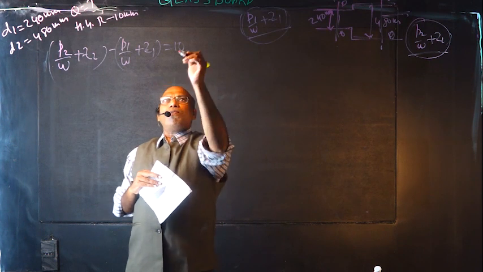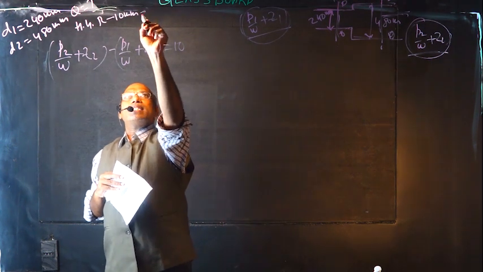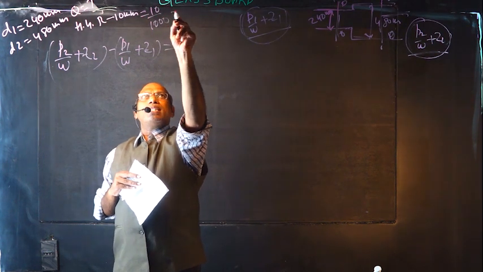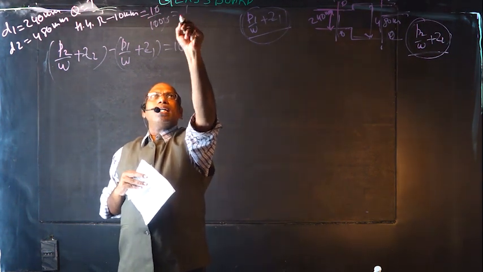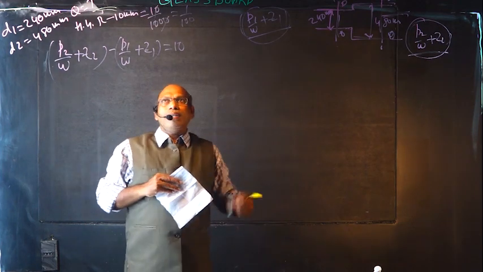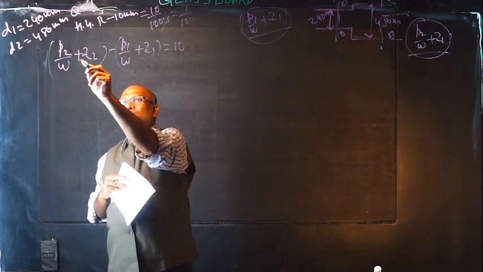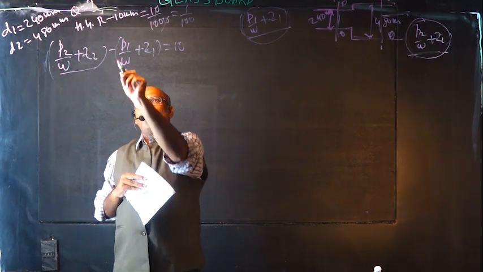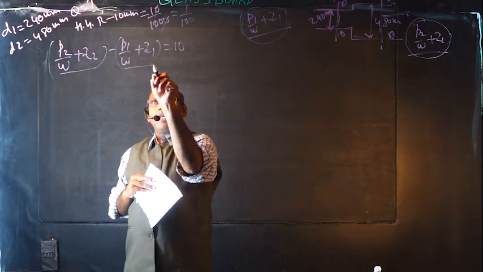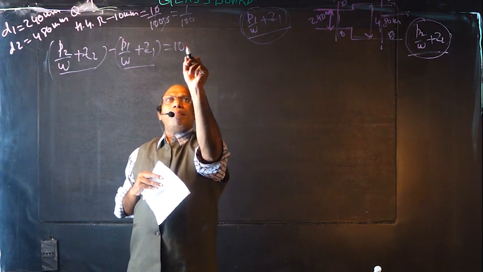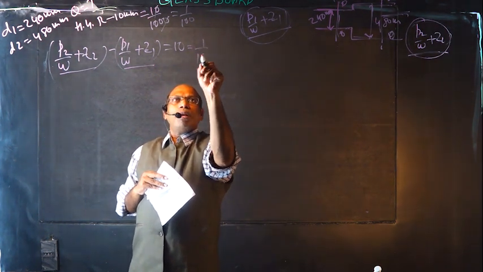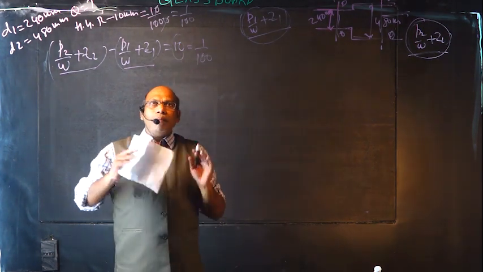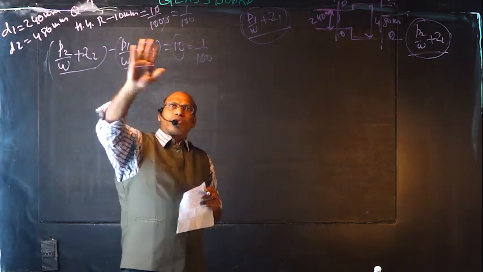First convert 10 mm into meters: 10 mm divided by 1000 gives meters, the zeros cancel, and that is equal to 1 by 100. Therefore, the hydraulic gradient line at section 2-2 minus the hydraulic gradient line at section 1-1 is equal to 10 mm, that is 1 by 100 meters. This is the relation between these two.